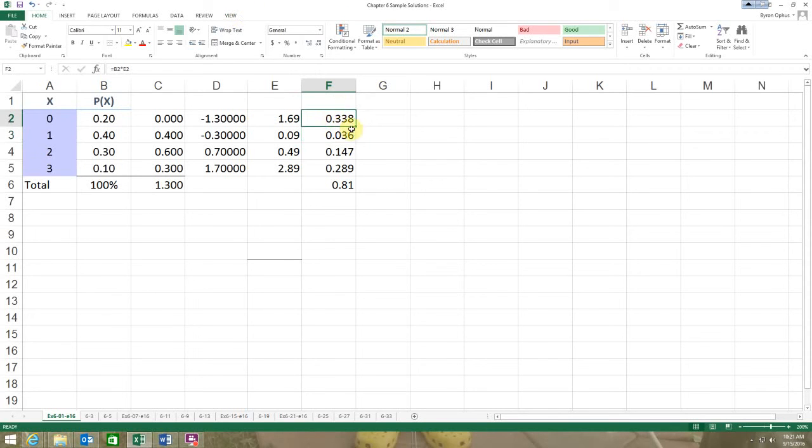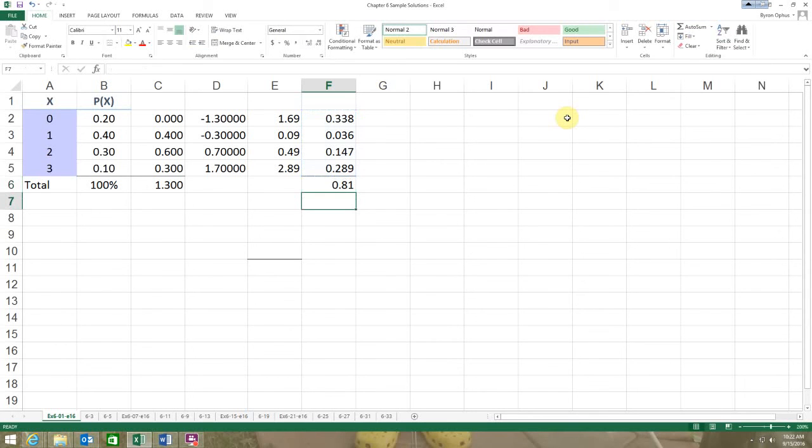There we go. And then I just carry that down. Again, this was my probability times the result that I came up with here. Right? And then to get my variance, in this case, all I have to do is sum those numbers.